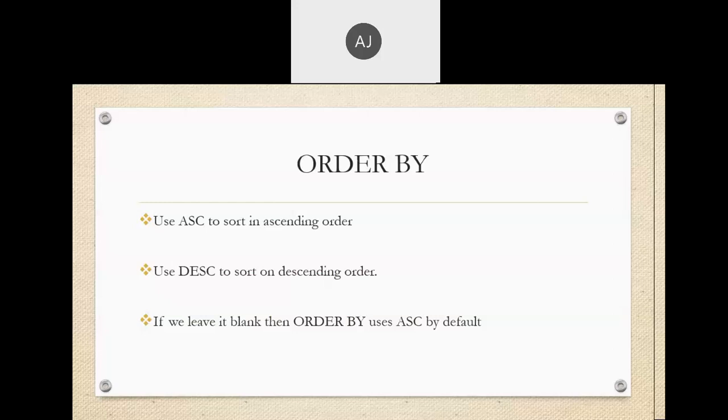The ORDER BY concept is applicable for columns only. We cannot apply ORDER BY on a particular table. If we have an attribute and we require that attribute to be in ascending or descending order, then we can use ORDER BY.